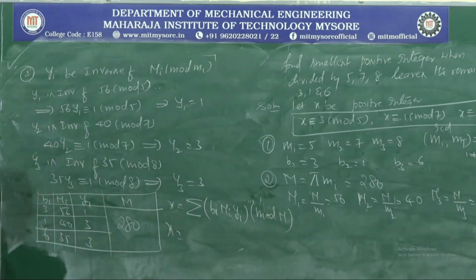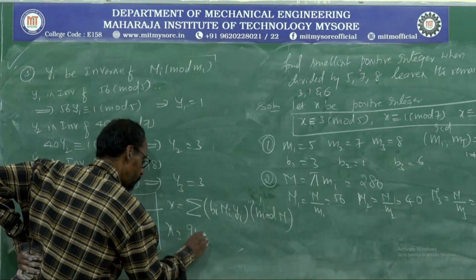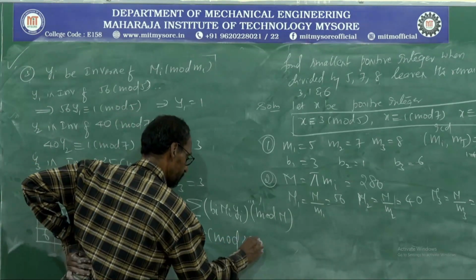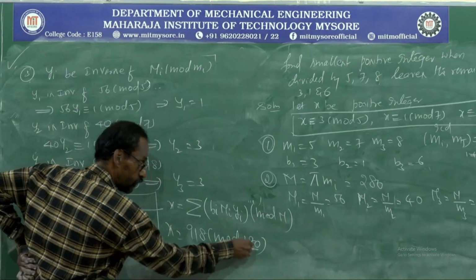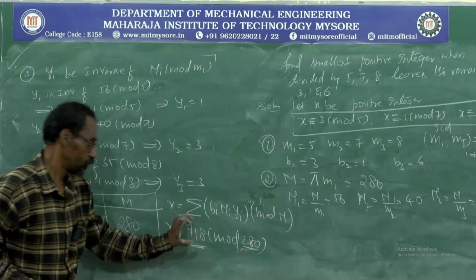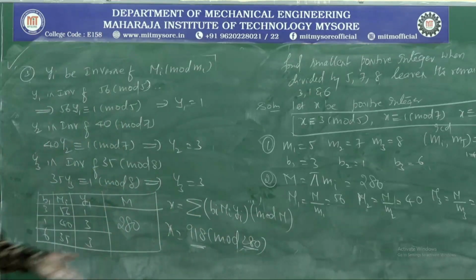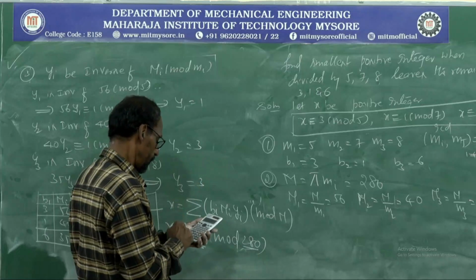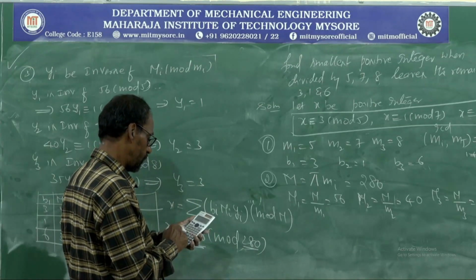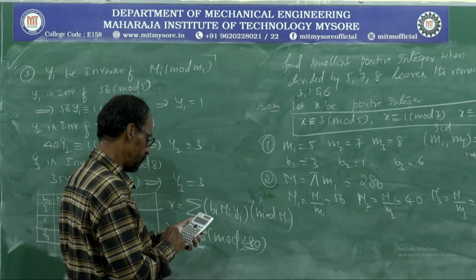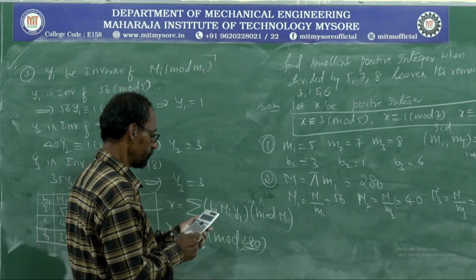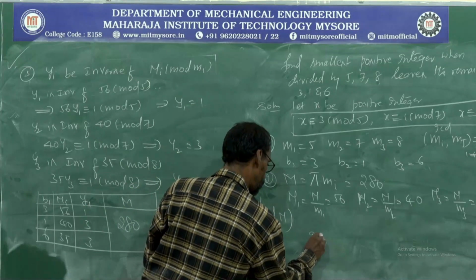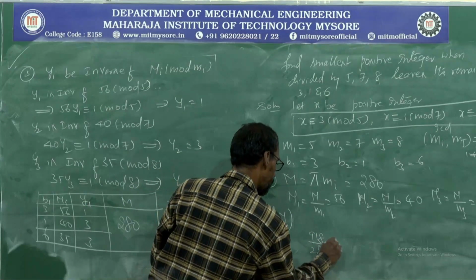Therefore, x is equal to 918. After doing this, I am going to get 918 under modulo 280. You can see here 918, 280. So this value should not be bigger than 280. If it is bigger, use a calculator, apply division logic. 918 divided by 280.